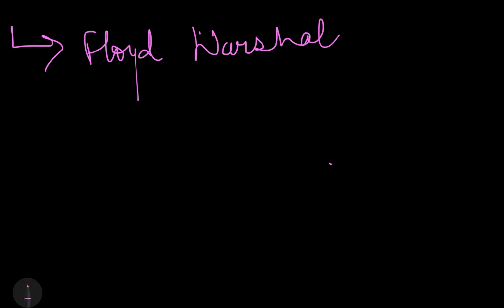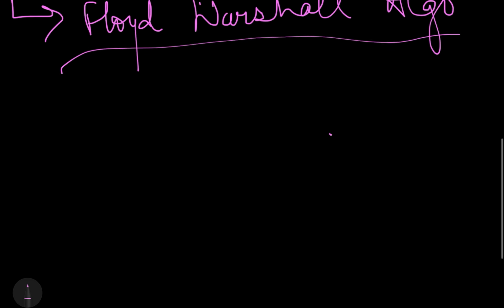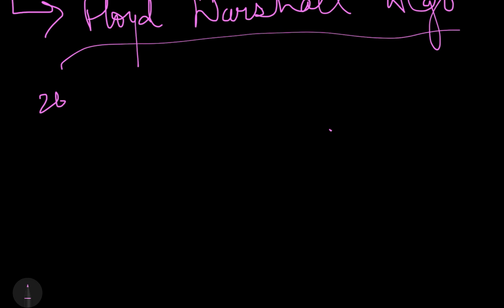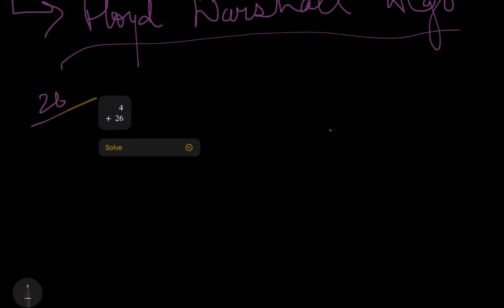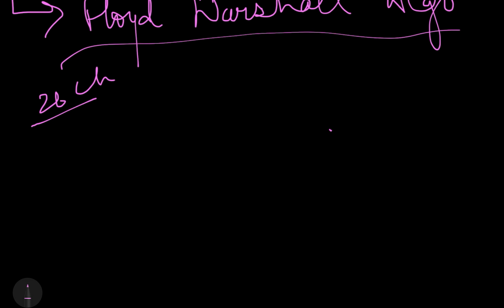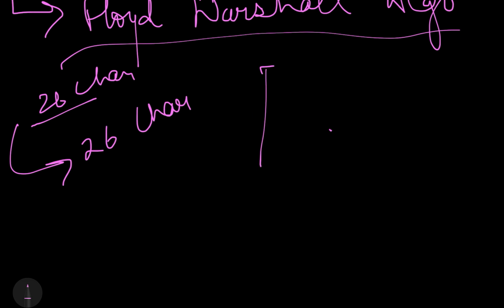Okay, so how can we solve this problem? We can solve this using the Floyd Warshall algorithm. Because how can we convert it into this problem? See, we have been given only 26 characters, and we need to change them also to 26 characters.